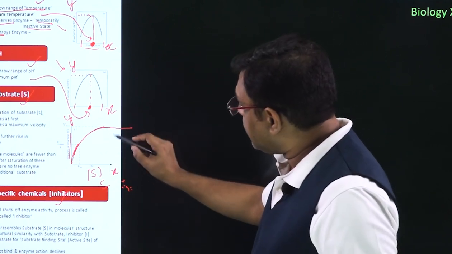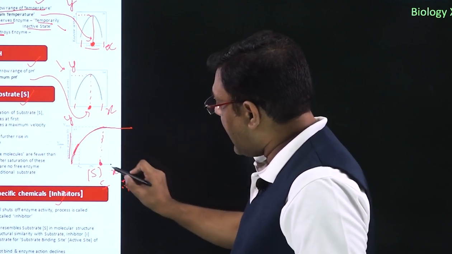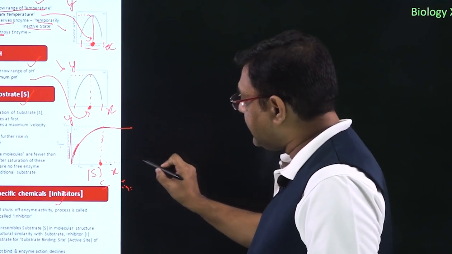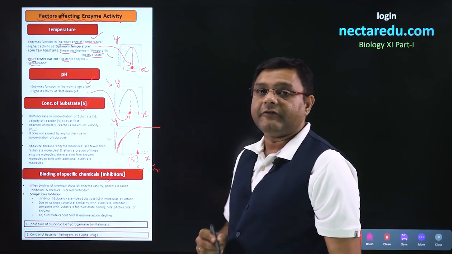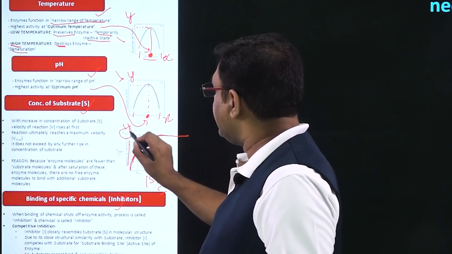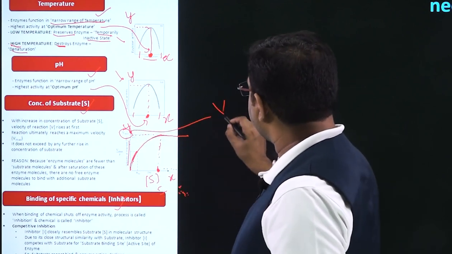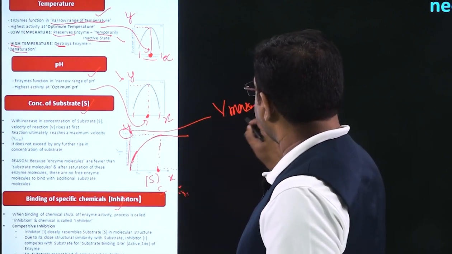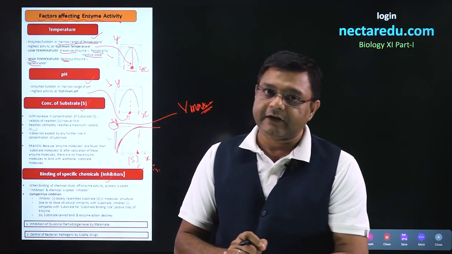If you increase the substrate concentration beyond this, it is not going to increase the velocity of reaction. The velocity of reaction will be maximum at this particular point, and this maximum velocity is called Vmax. So this is the graph which is going to come in this case.